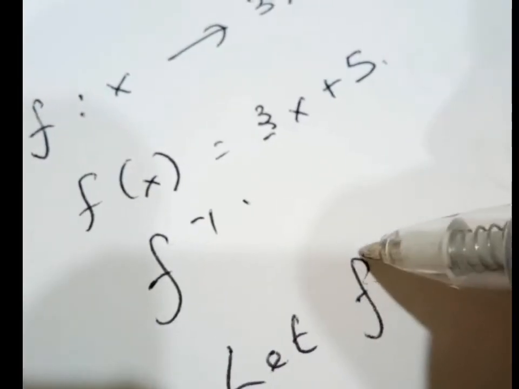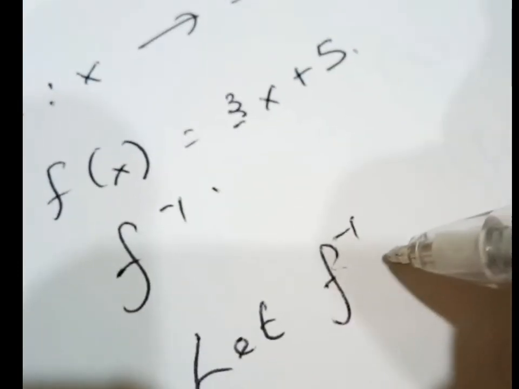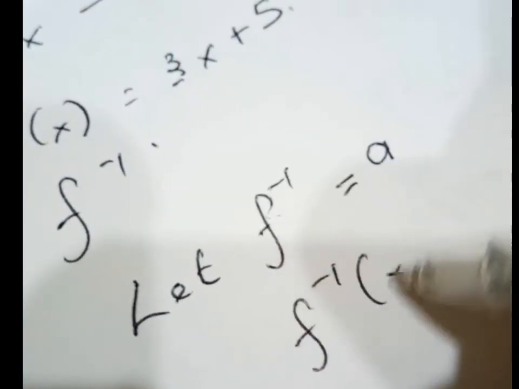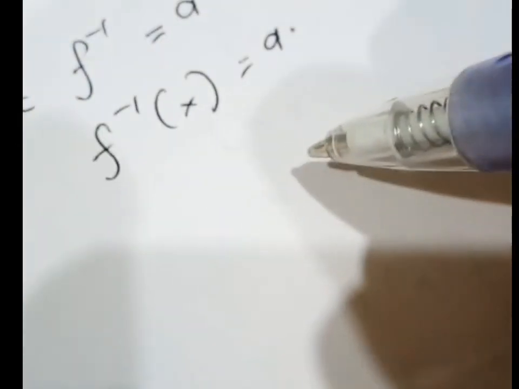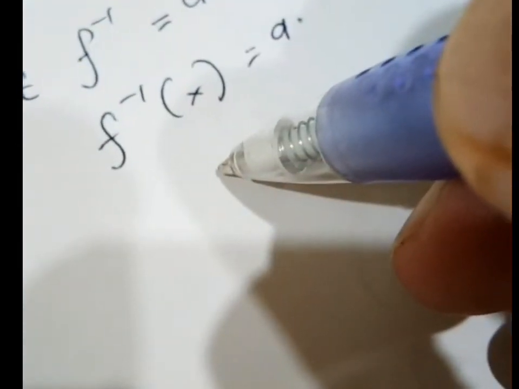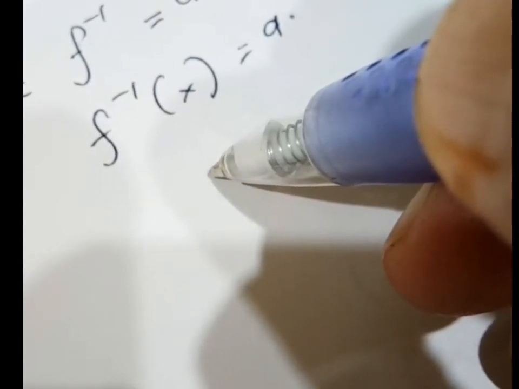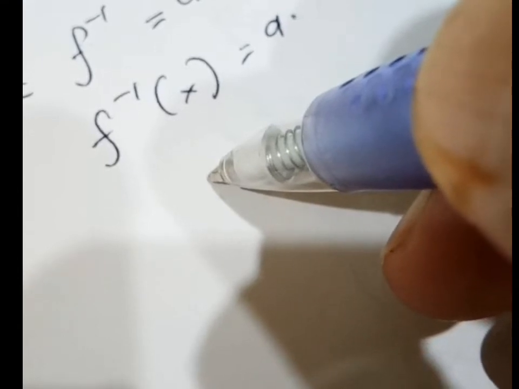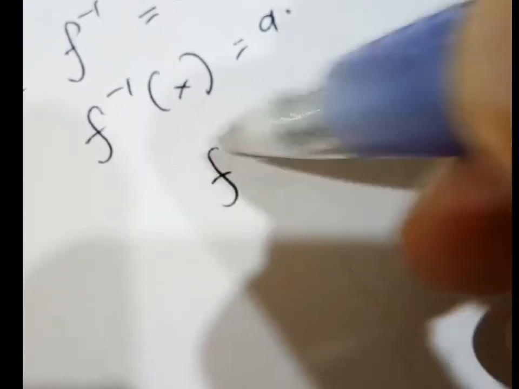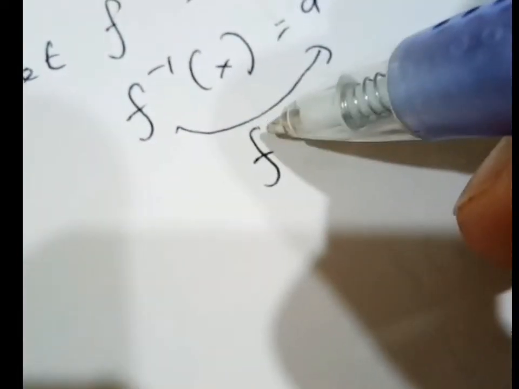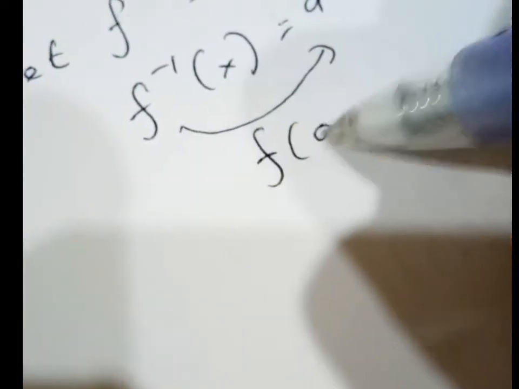Let f inverse of x be a. Now f of a, so when we bring f to the right, f of a is x.